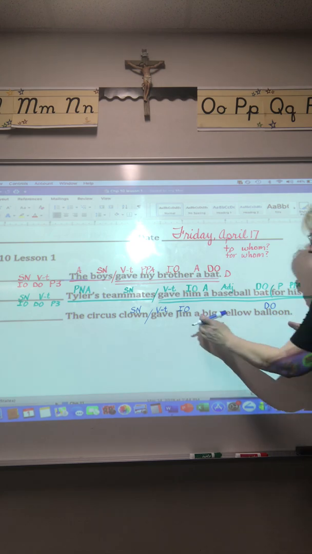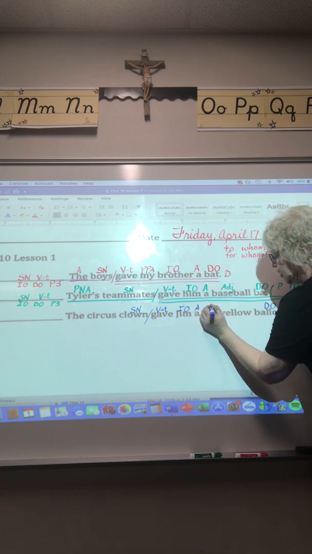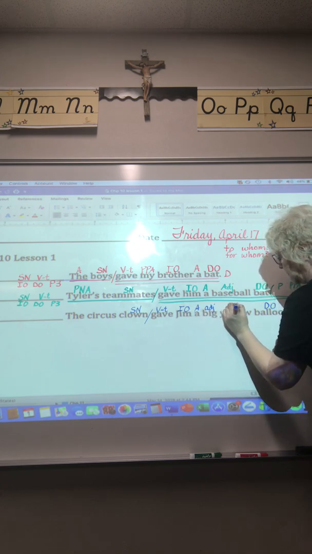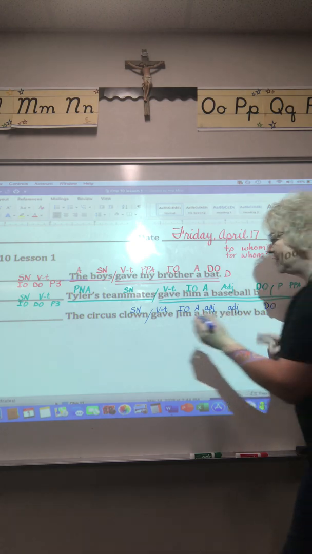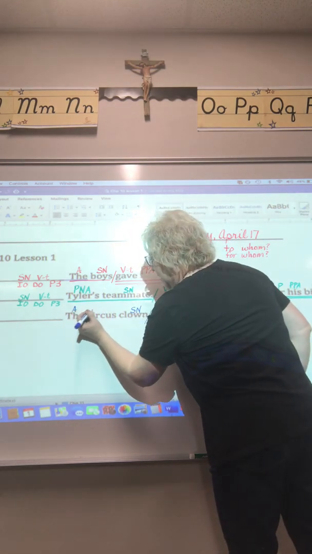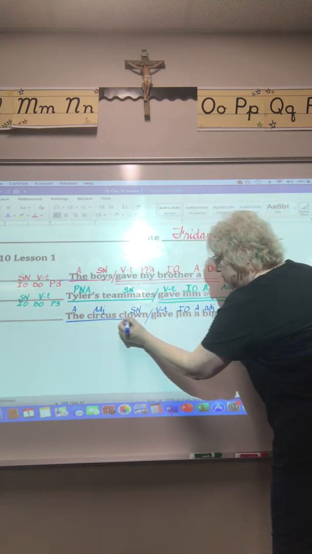Okay, you can tell a, big, and yellow are articles and adjectives. Those are pretty easy. You know those from a long time ago, probably from first grade. And the circus tells more about the subject noun. So we have adjective, adjective, subject noun. So we can put your lines.